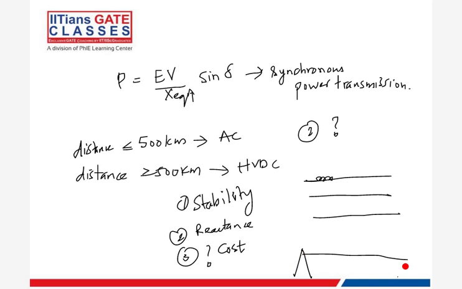So when you're talking about copper, it just requires one third. We use earth as the neutral. Here we need three, there we need only one, right? So for a long transmission system, the cost of conversion becomes marginal, and the cost of AC and DC becomes comparable, or DC becomes cheaper. So that's why for long distance transmission lines, we tend to use HVDC, right? Does that make sense?